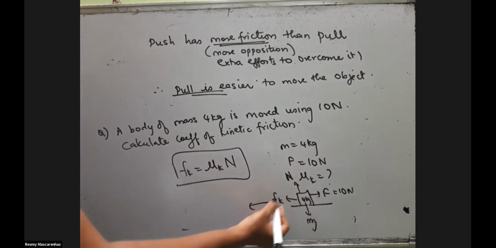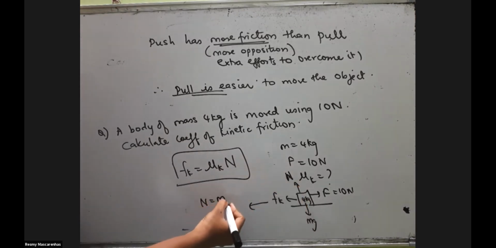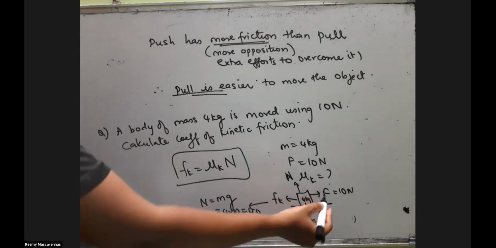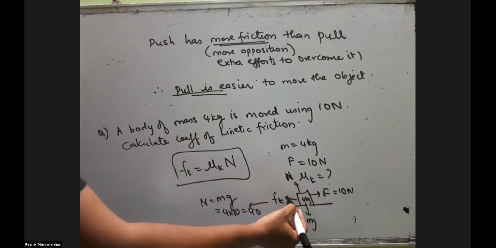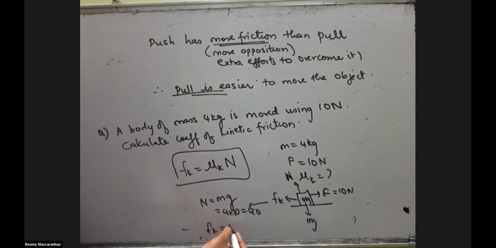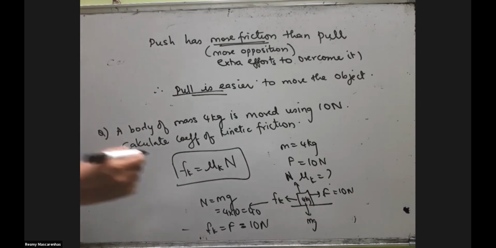Now, as per this, the opposing forces are always equal. So from the diagram, we know that N is equal to mg. So N will be how much? 4 into 10, so it will be 40. And these two are opposite and equal. So Fk is equal to F, which is 10 Newton. So just substitute here.